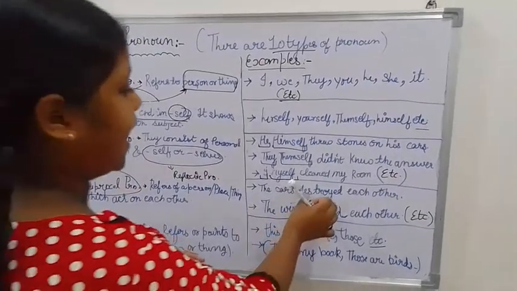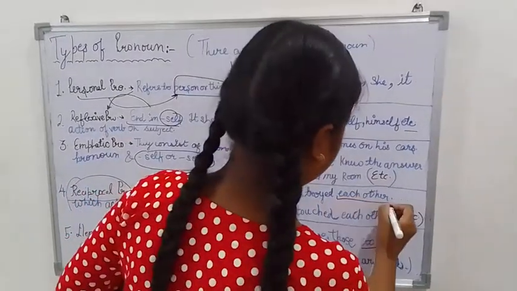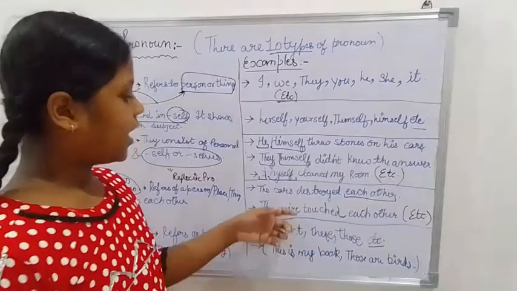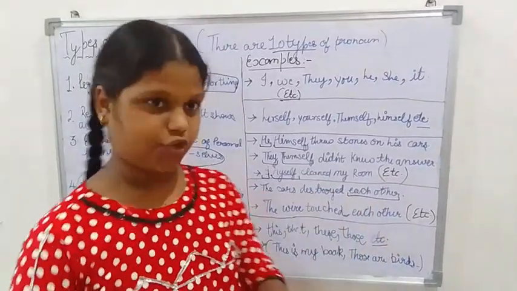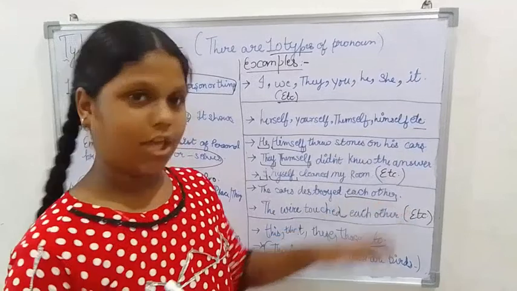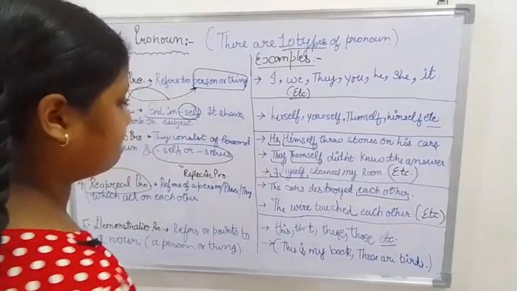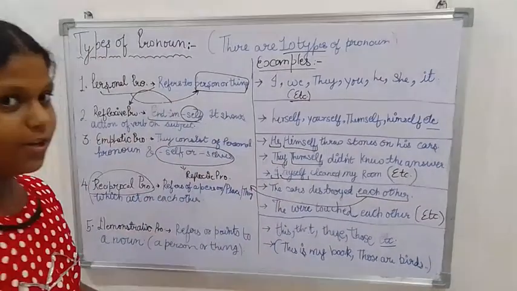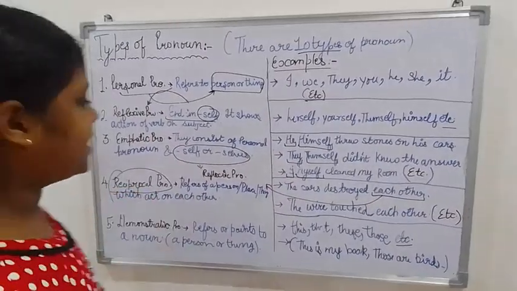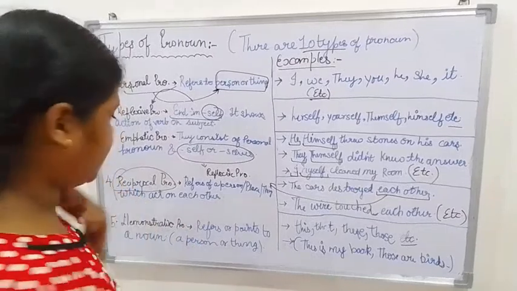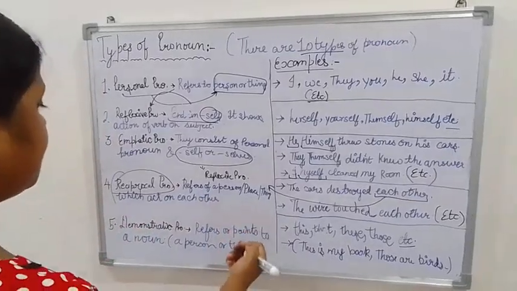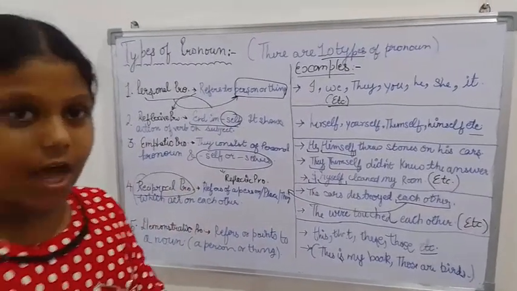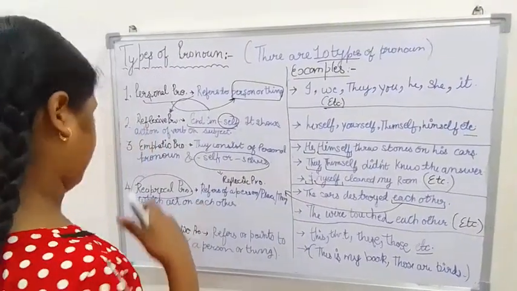They destroyed each other. The wires touched each other. So this sentence mainly ends with each other. The key point to learn reciprocal is each other, or the definition is: refers to a person, place, thing which acts upon each other or on each other.